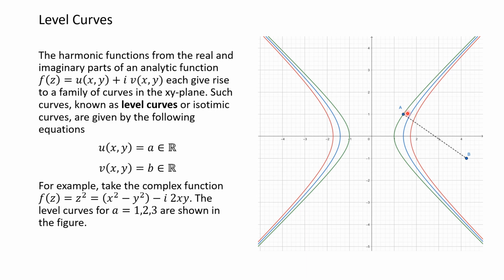I'll explain this on the next slide, and I'll maybe just put a few words to it here. It turns out when you take a given point on one of these level curves, what's called the gradient is actually perpendicular to the tangent line at that point.